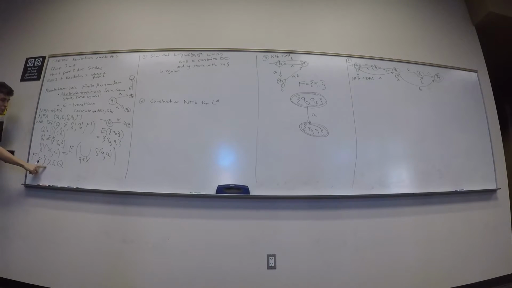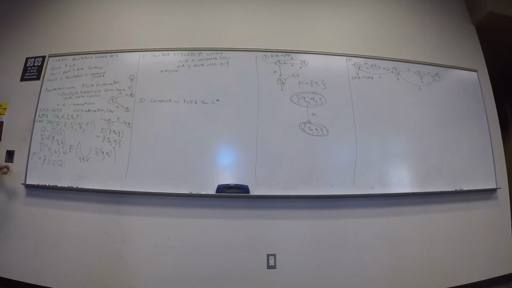But what do I want to be true about X? Well, it better contain a final state of the NFA. So how do I determine if X and F have anything in common? Intersection, right?